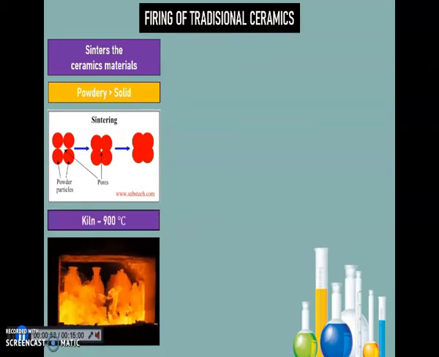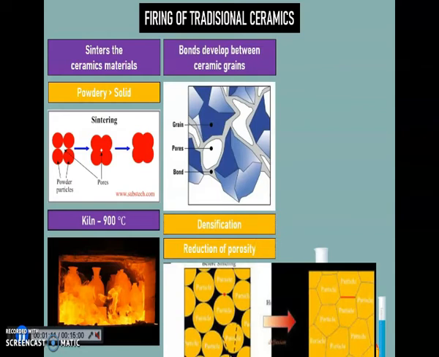So basically, the sintering process kita akan buat dia dalam furnace. Dan furnace yang kita buat ni, kita panggil dia kiln, K-I-L-N. And basically, dalam furnace ni, kita akan panaskan ceramic powder tu sampai 900 degree Celsius. So basically, apa yang berlaku dalam proses firing of traditional ceramics adalah, kan tadi kita ada powder particles kan, which is in terms of powdery.